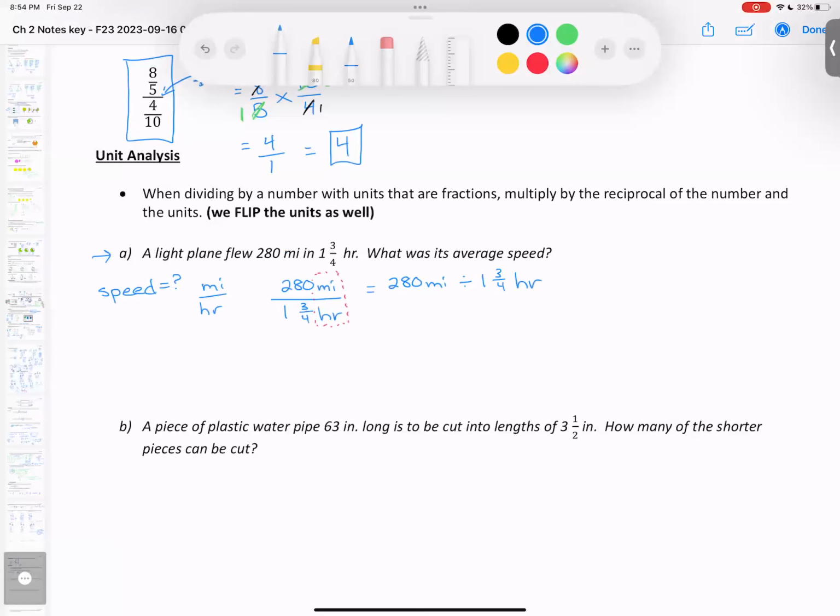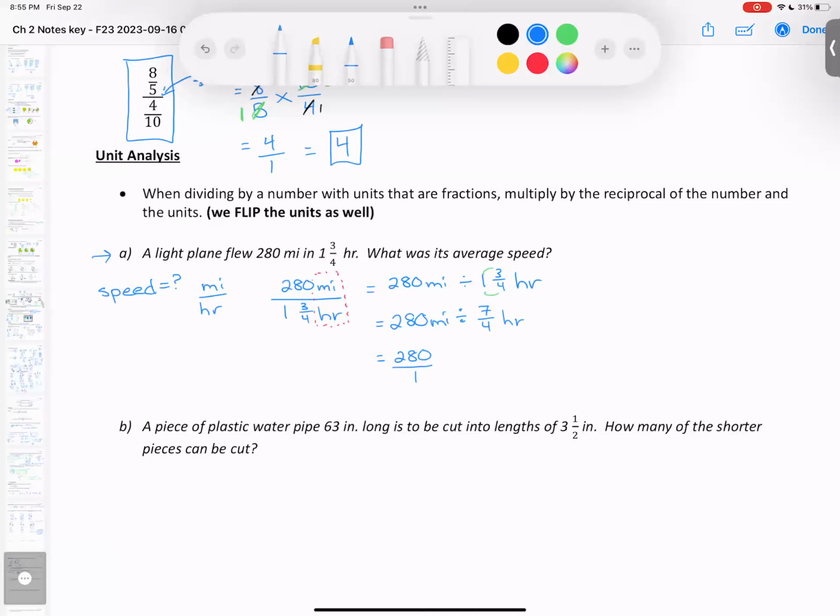Okay, so let's convert that mixed number into an improper fraction first. 4 times 1 gives me 4, plus 3 gives me 7, so 7 over 4. And I'm just going to rewrite that 280 as 280 over 1.